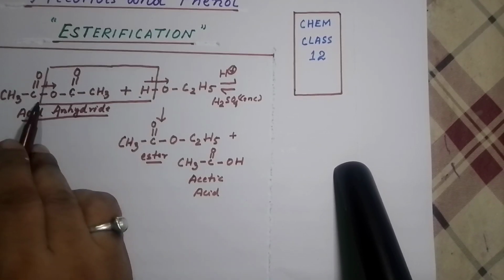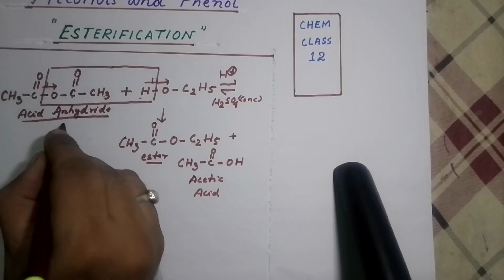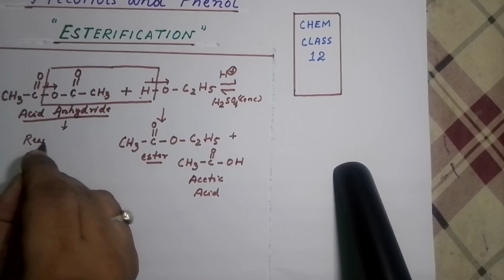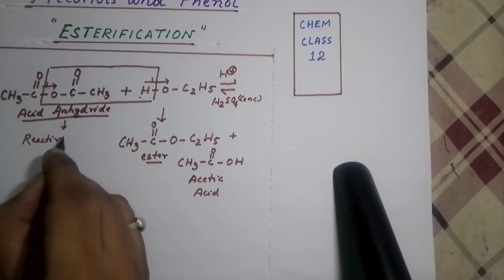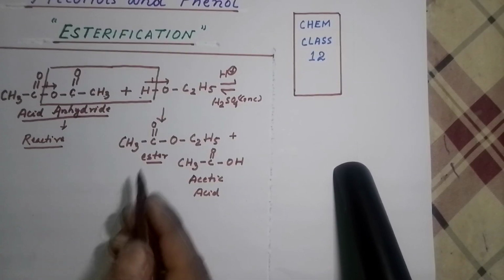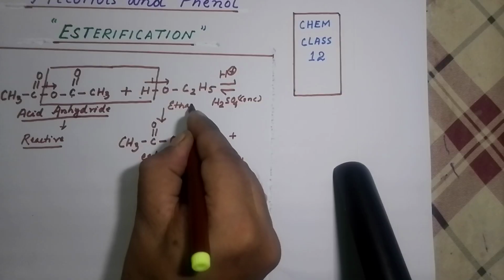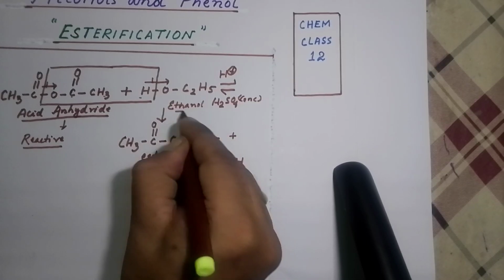Now see it here, I'll explain. Acid anhydrides are very reactive. This is ethanol, meaning normal alcohol, aliphatic alcohol.